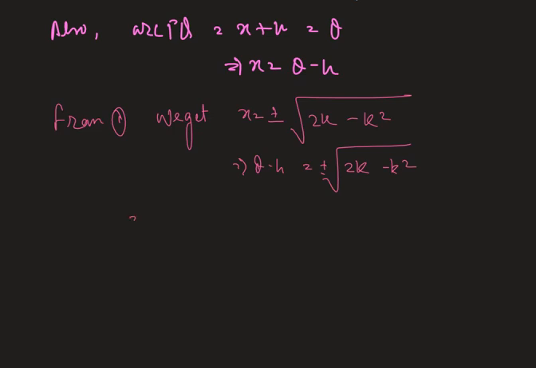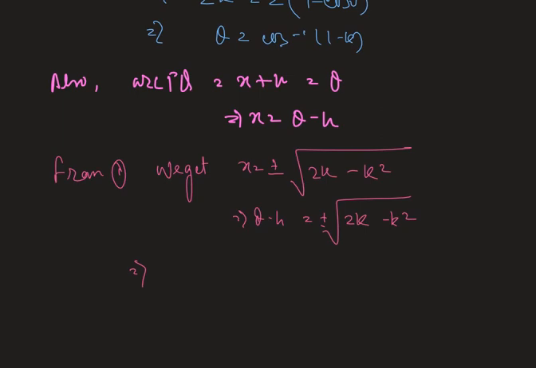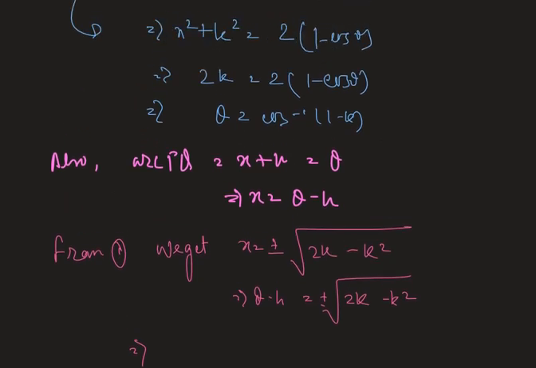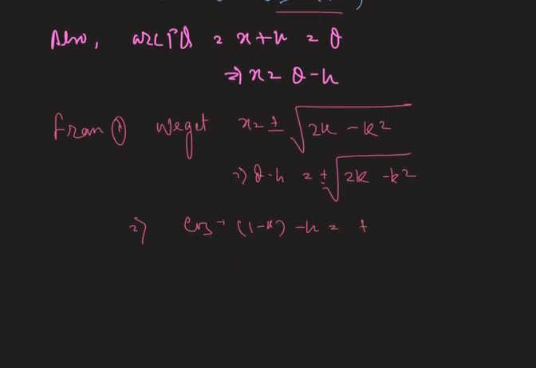Okay. Now, theta minus h is written as cos inverse of (1 minus k) minus h, as theta is equal to cos inverse of (1 minus k), and this is equal to plus minus root over 2k minus k square. Now we can also write (cos inverse (1 minus k) minus h) whole square is equal to 2k minus k square.